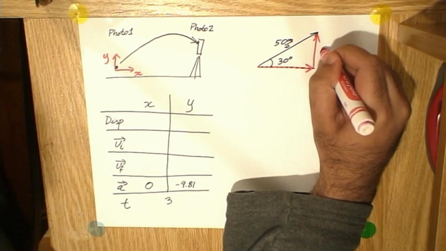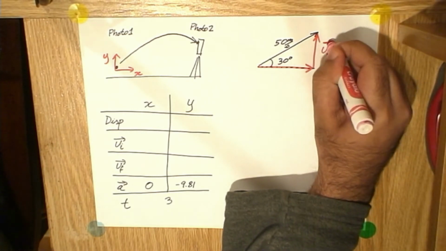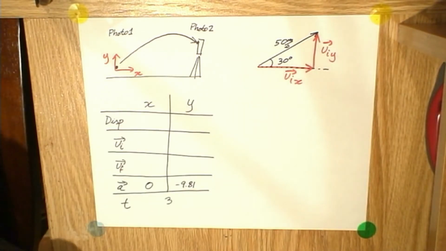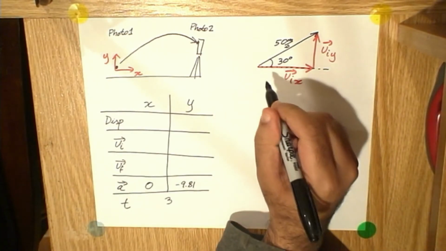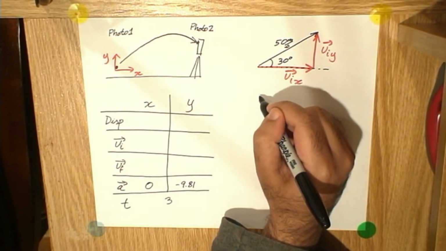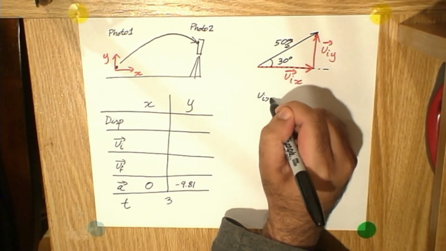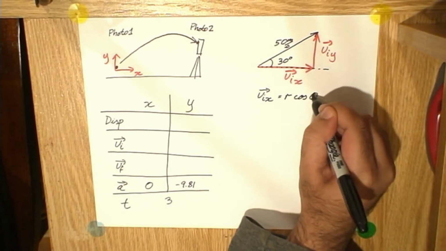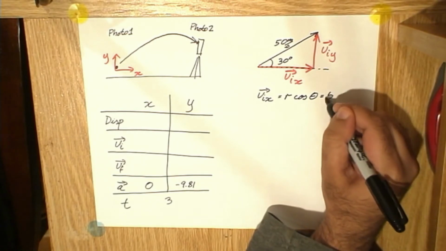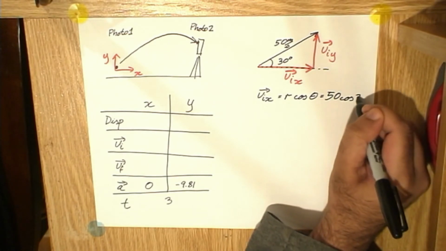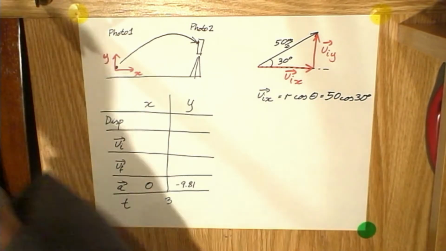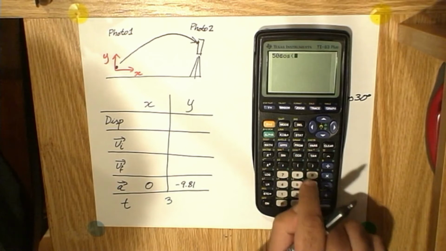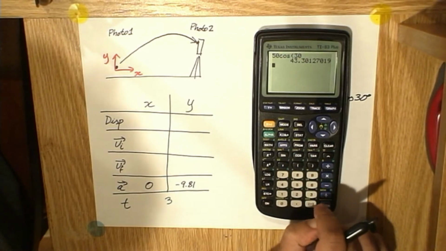So this would be v initial y, and this would be v initial x. v initial x is equal to r cos theta, which would be 50 cos 30 degrees, which is 43.3.